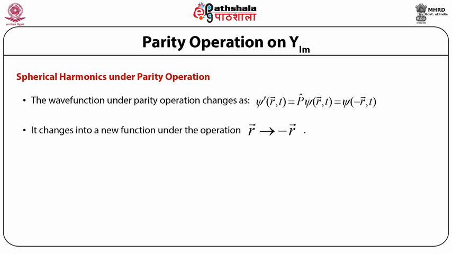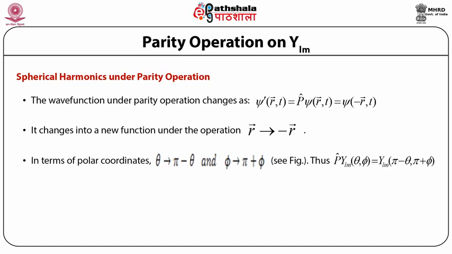So the wave function under parity operation changes as psi prime of r, t equals the parity operator times psi of r, t, which equals psi of minus r, t. That is, when the parity operator acts on the wave function, it changes under the operation vector r going to minus vector r.